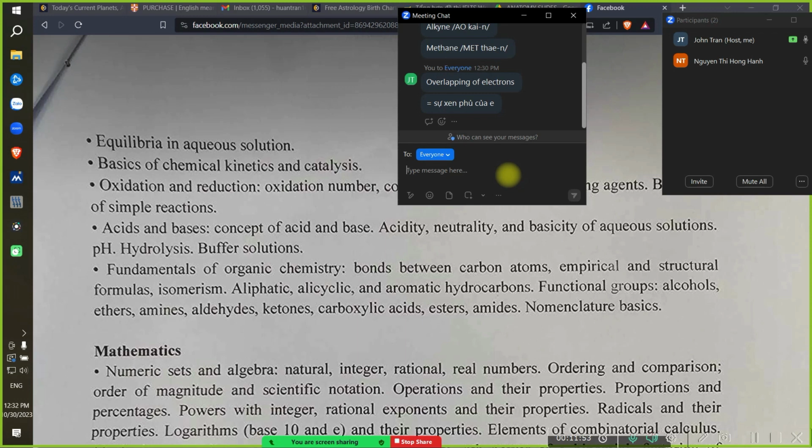Anyway, yeah. So triple bond and double bonds are basically the favorite targets in chemical reactions.